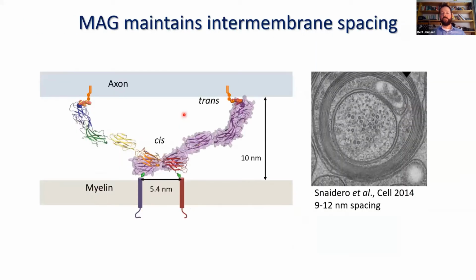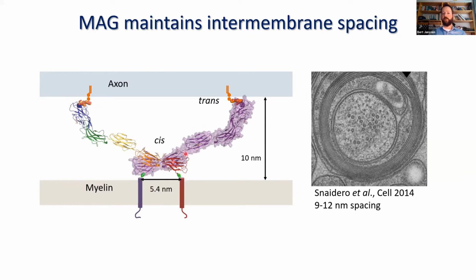So how does MAG sit in between the 2 cells, between the myelin and the axon? We can build a very straightforward model from our crystal structure because we know how it interacts with the ganglioside, and we know how MAG sits on the membrane, because we were only lacking 2 residues to the transmembrane helix in our structure.